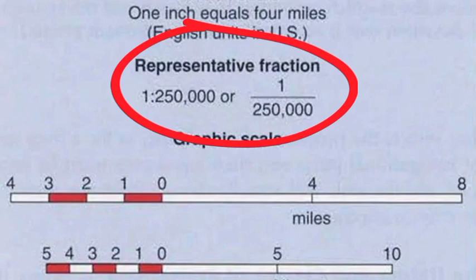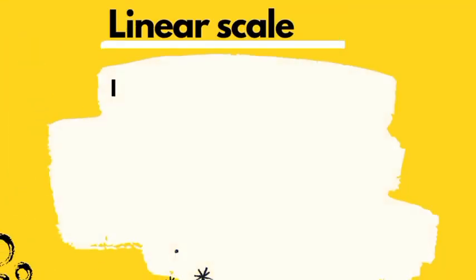It helps to denote a clearer understanding of how our map distance is related to our ground distance. 1 centimeter on map means 250 centimeter on ground. That's all to say about representative fraction.